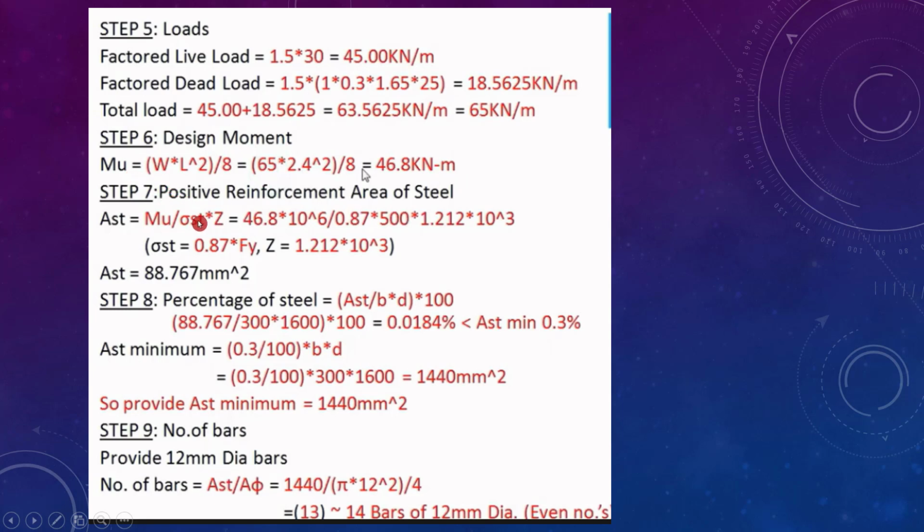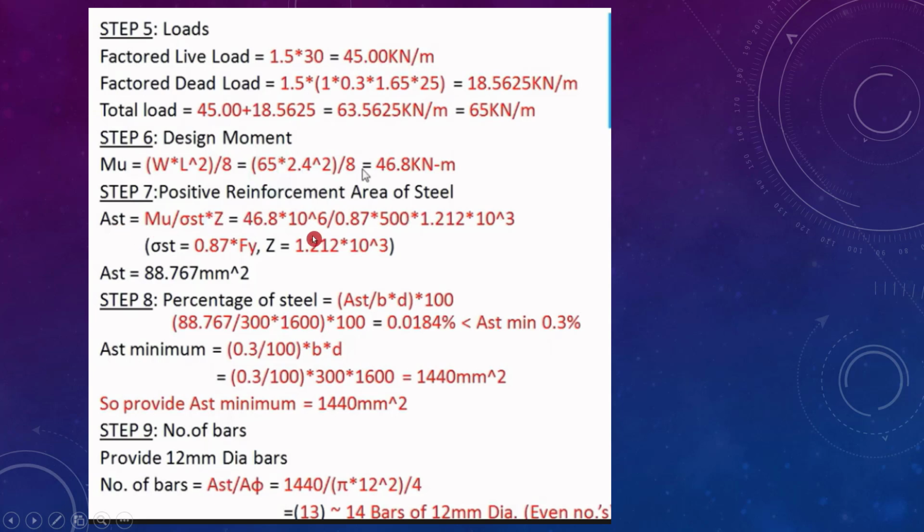So the calculation for the positive reinforcement area is in step 7. We know the equation AST is equal to the ultimate moment divided by sigma st into Z, the lever arm.